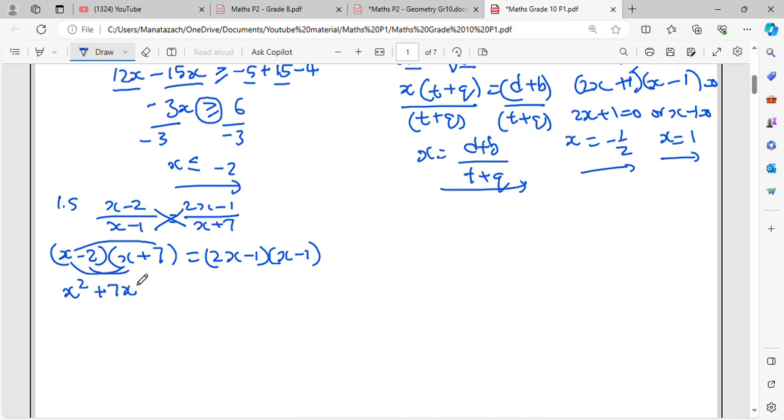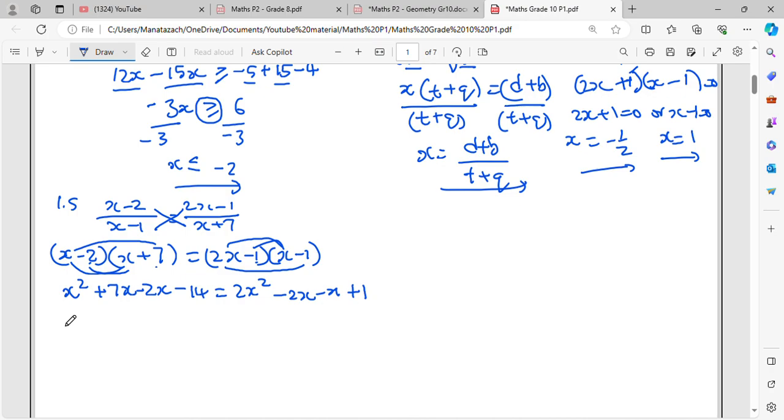Minus 2 times x minus 2x. 2 times 7 minus 14. Then you do likewise on the right hand side. 2x times x is 2x squared. 2x times minus 1 minus 2x. Minus 1 times x minus x. Minus 1 times minus 1 is plus 1.